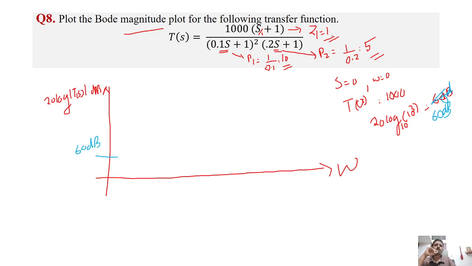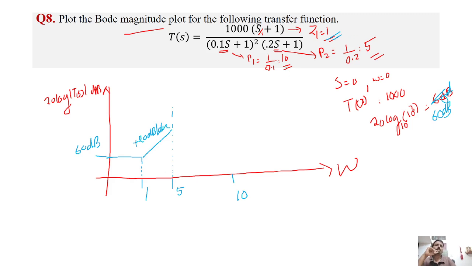Okay, and the corner frequencies are one at 1, another at 5, and another at 10. Till 1 it is actually 60 dB. From 1 there is a change, and the change is due to a zero, so the change is positive, plus 20 dB per decade roll off till the frequency 5.